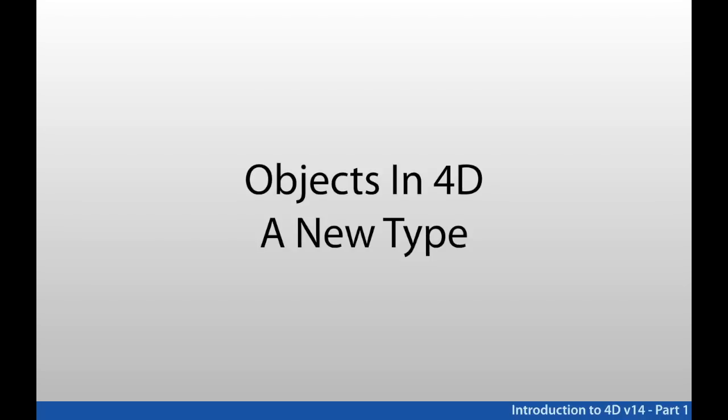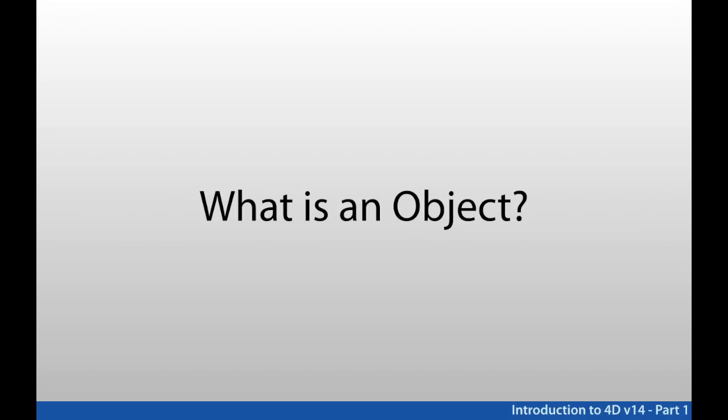In order to convey the importance of this and get an idea of what's happening, it's good to explore what we mean by objects in an abstract fashion. So what is an object? The question I'm asking here is, what do I want an object to be in 4D?